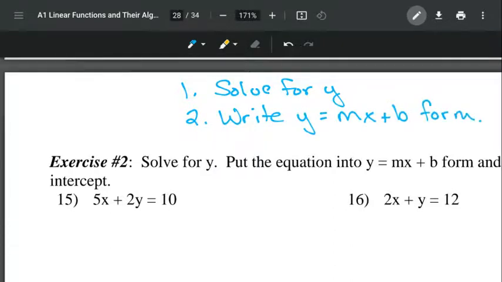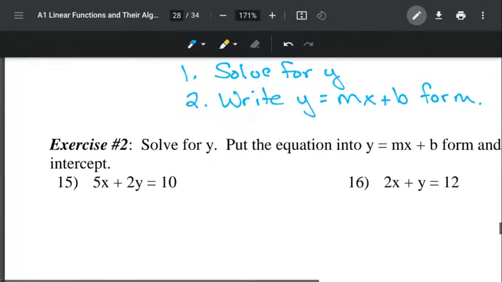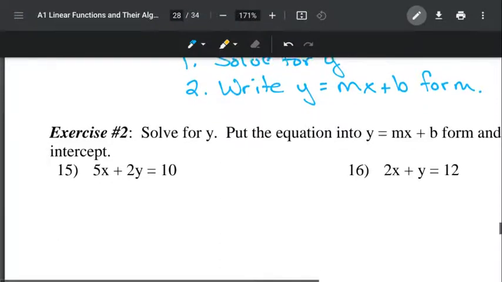We'll do a few of these, and then you have to identify the slope and the y-intercept.